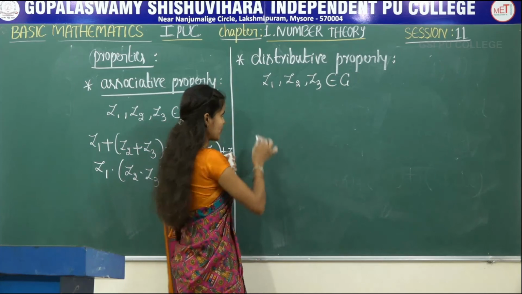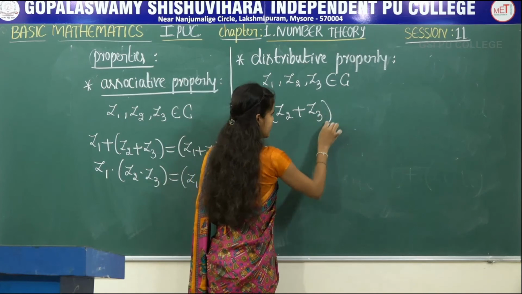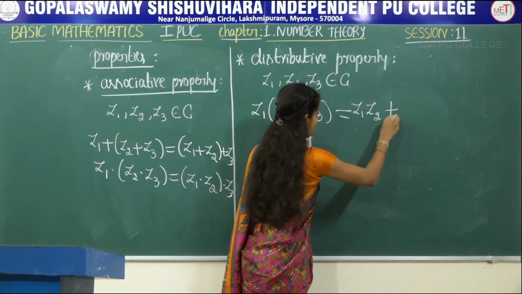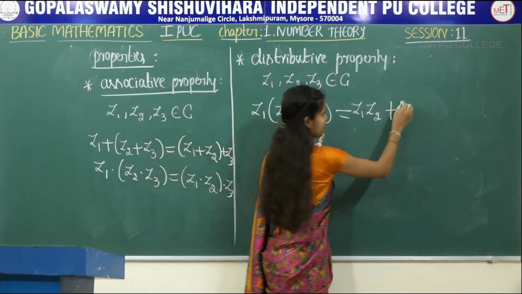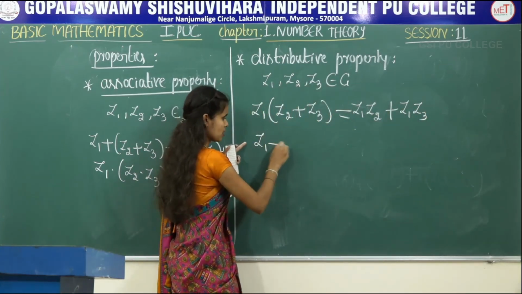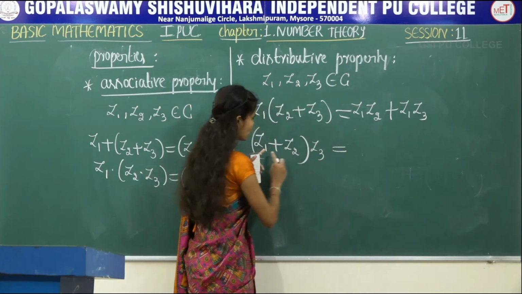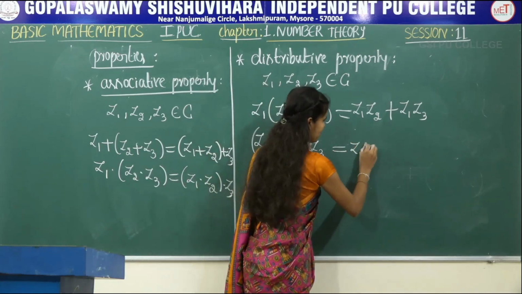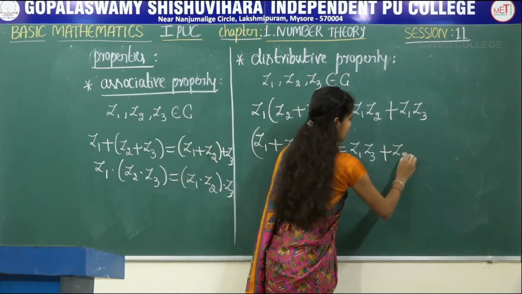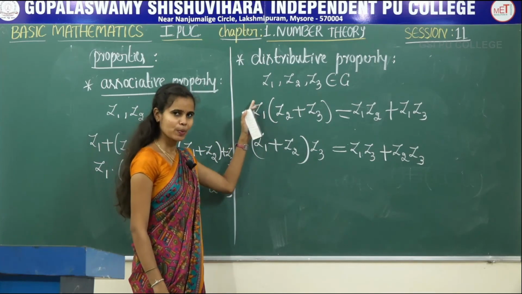The left distributive property means Z1 into Z2 plus Z3 is equal to Z1 into Z2 plus Z1 into Z3. Next, Z1 plus Z2 into Z3 is equal to Z1 into Z3 plus Z2 into Z3. So these two are called distributive properties.